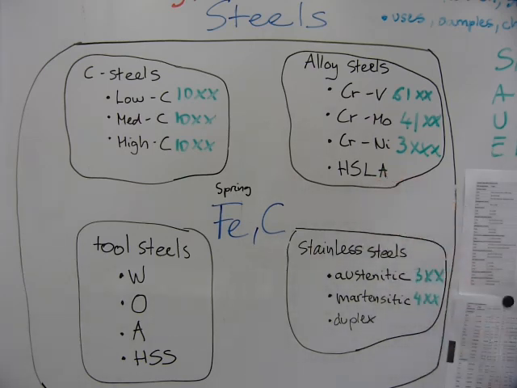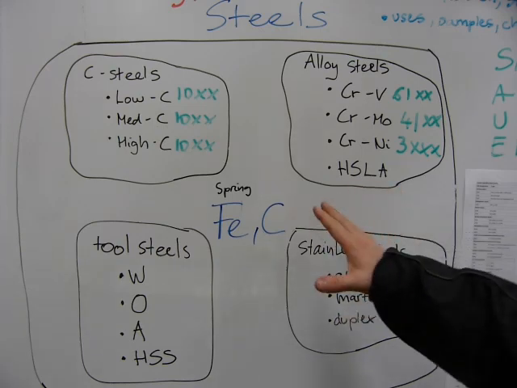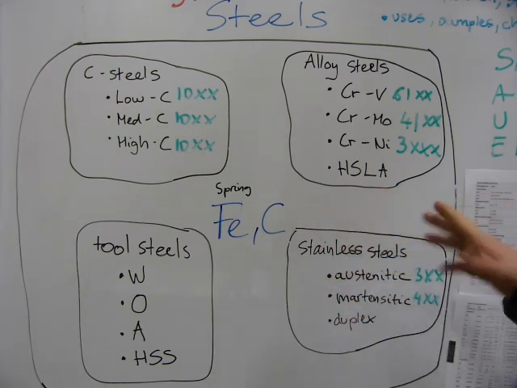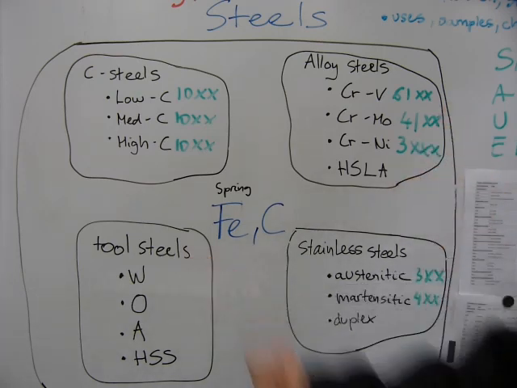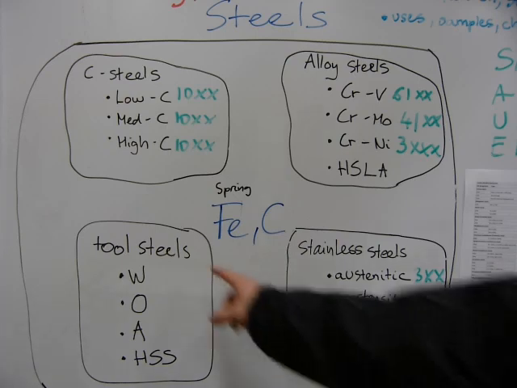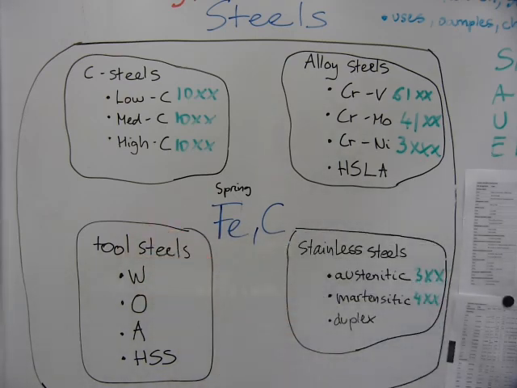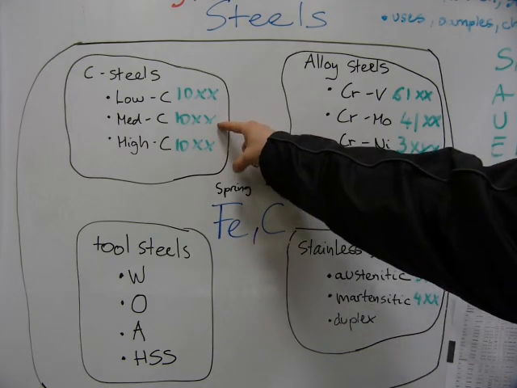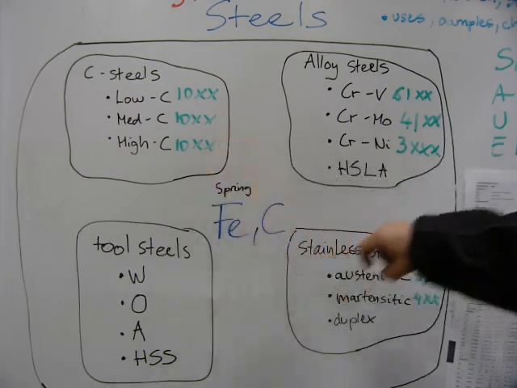HSLA stands for high strength low alloy steel, and high strength low alloy steels have also low carbon but also low alloy, and so they are in the alloy steel group. The next one is tool steels, and again this designation is somewhat misleading because some tools are made out of medium carbon steel or high carbon steel.